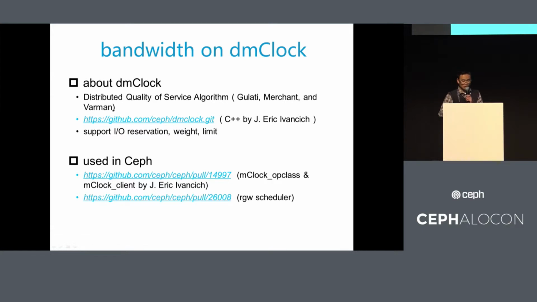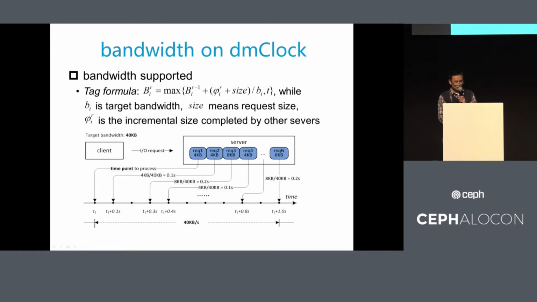So originally, dmClock supports I/O reservation, weight, and limit, but not the bandwidth. So how to implement bandwidth on dmClock? Similar to the calculation of the limit tag, we get the bandwidth tag calculation formula.